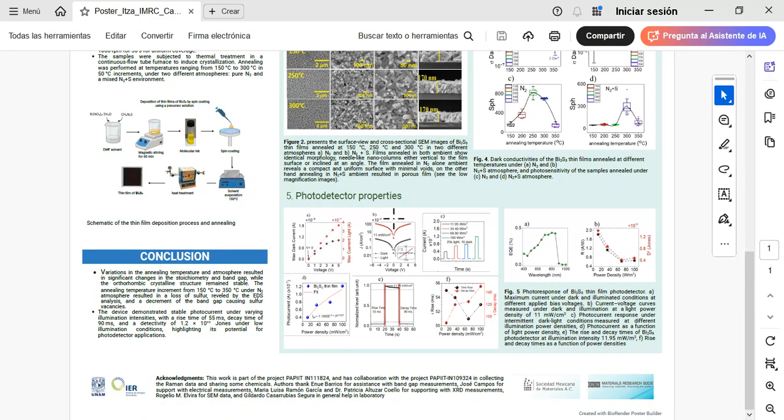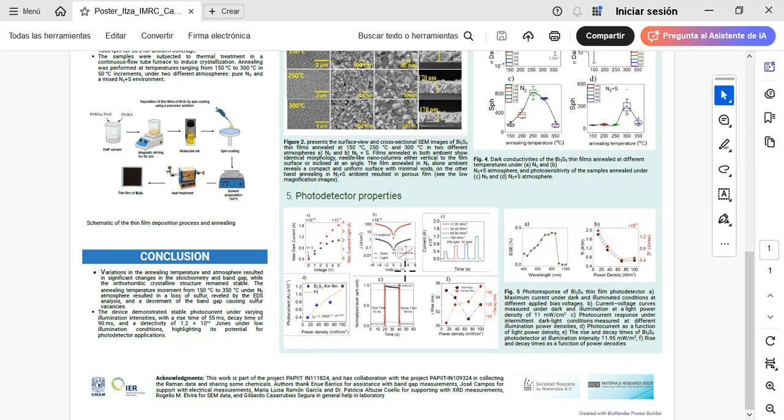And five, the photodetector properties. They show the photoresponse of the bismuth sulfide thin film photodetector. In figure A, the maximum current under dark and illuminated conditions at different applied bias voltages.